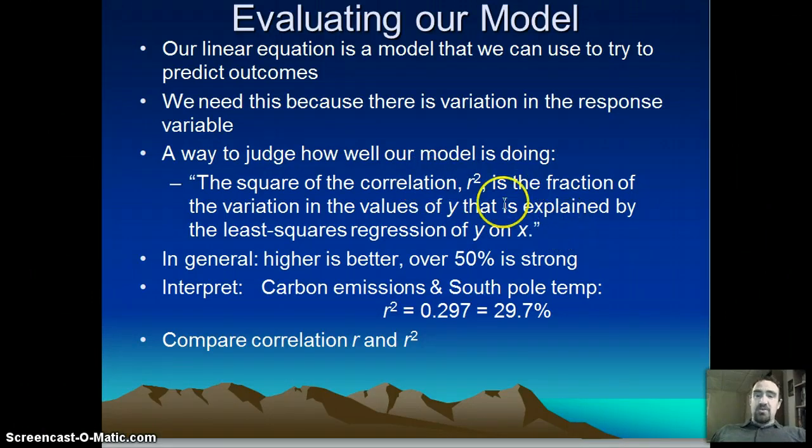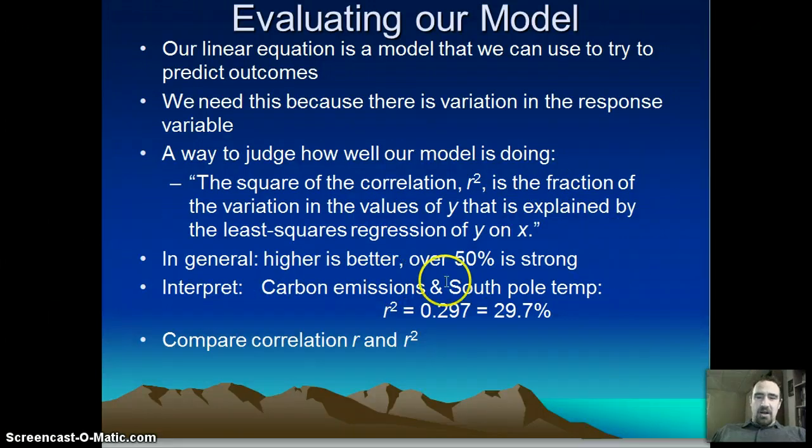We want models that do a good job of explaining the outcomes. Anything over 50% is actually really good. It means you're explaining over half of what's going on in your outcomes. So you want to have a sense that lower values mean it's a worse model, higher values mean a stronger model, but we also want to interpret it explicitly.